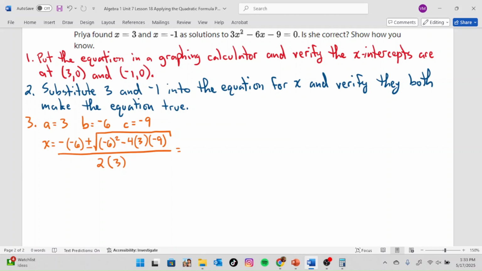Now negative 6 becomes positive 6. Negative 6 squared is 36.